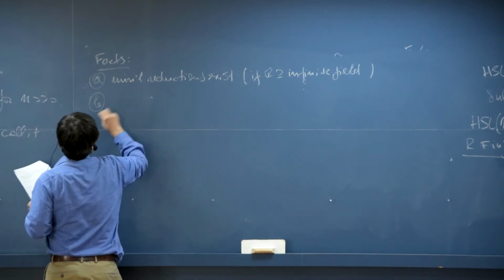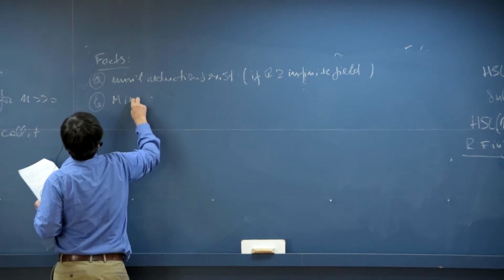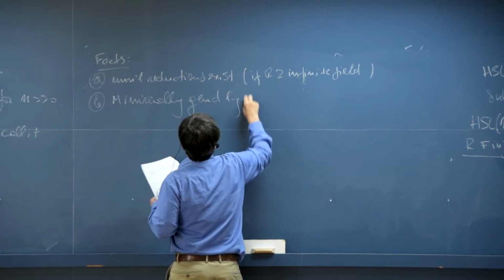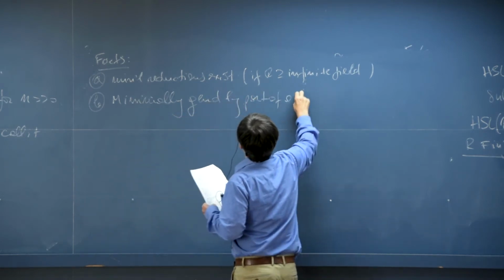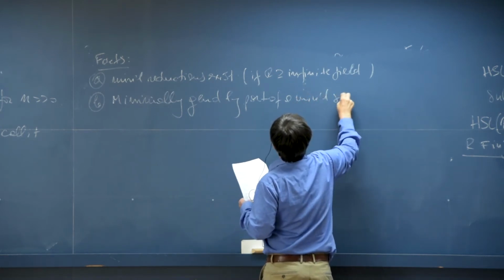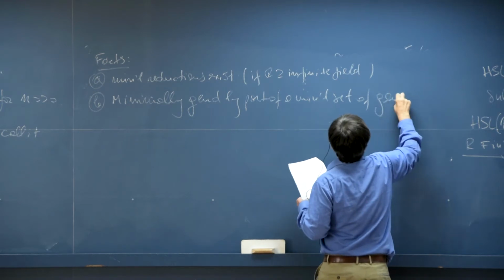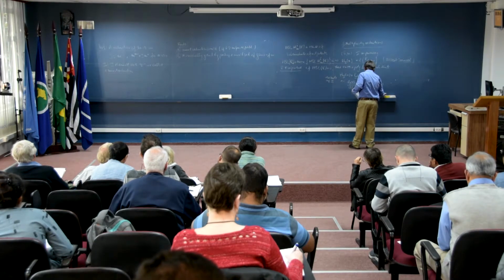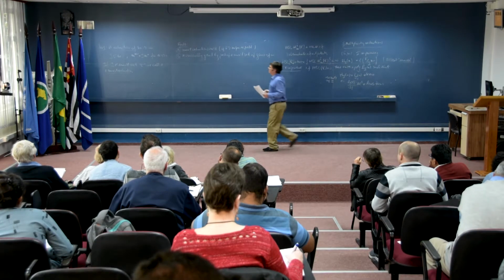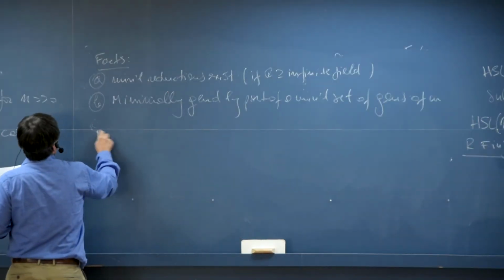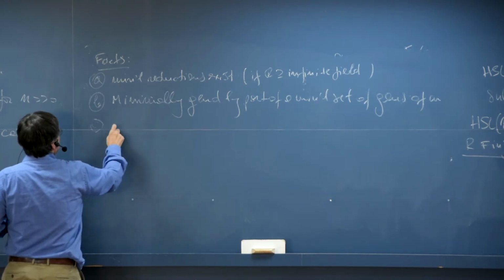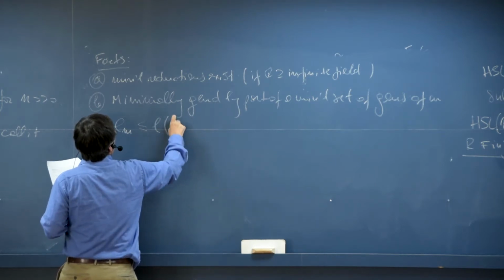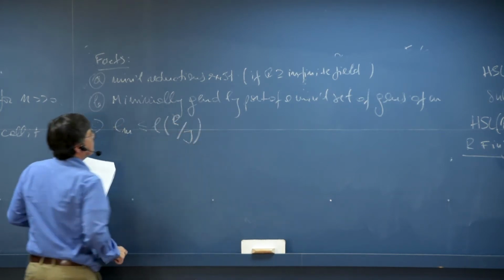The second fact is that they're minimally generated by part of a minimal set of generators of M. And the third property we're going to use, which is the most relevant one, is that if you're trying to compute the multiplicity of the maximal ideal, then this is less or equal to the length of R modulo this minimal reduction.